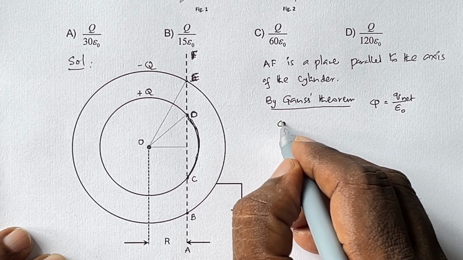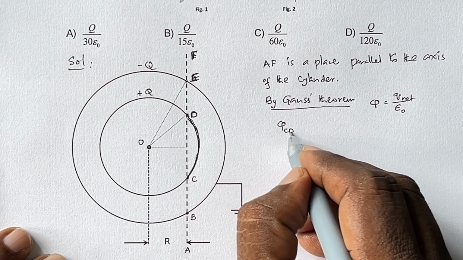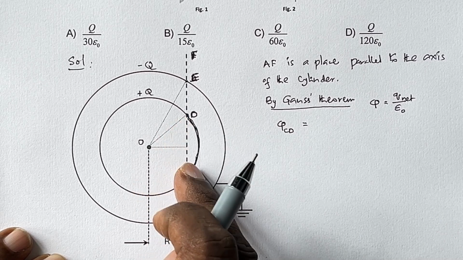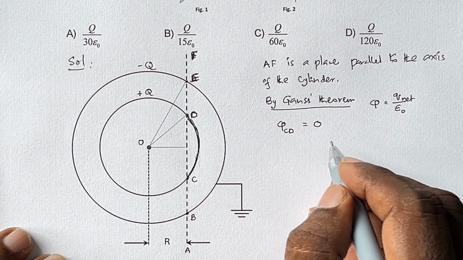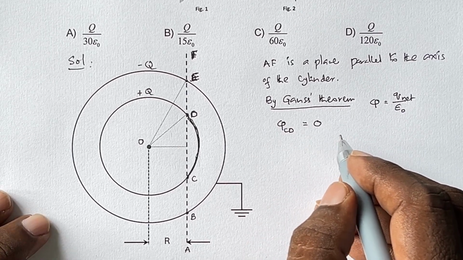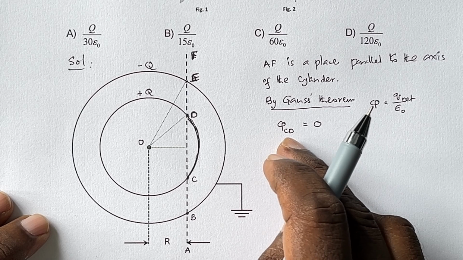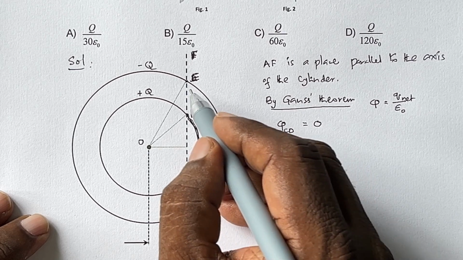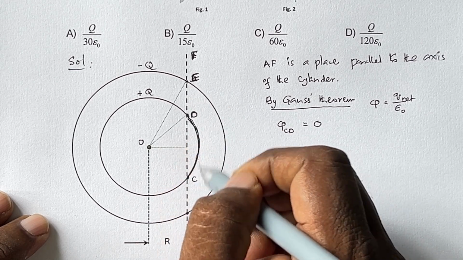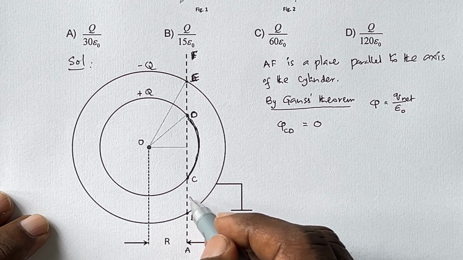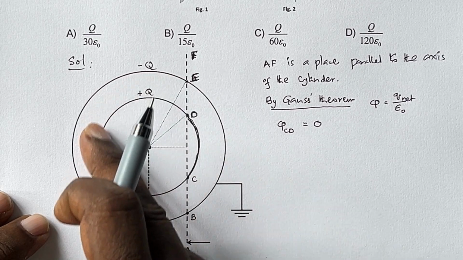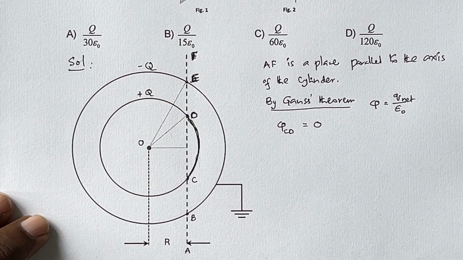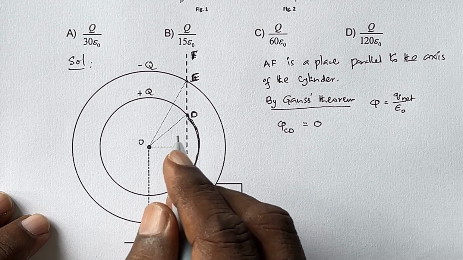So the flux coming out from CD is equal to 0 because it is inside the metal. The region O, A, B, C, D, E and BC is enclosed in the Gaussian surface, so we can calculate the flux for the remaining parts at the center.